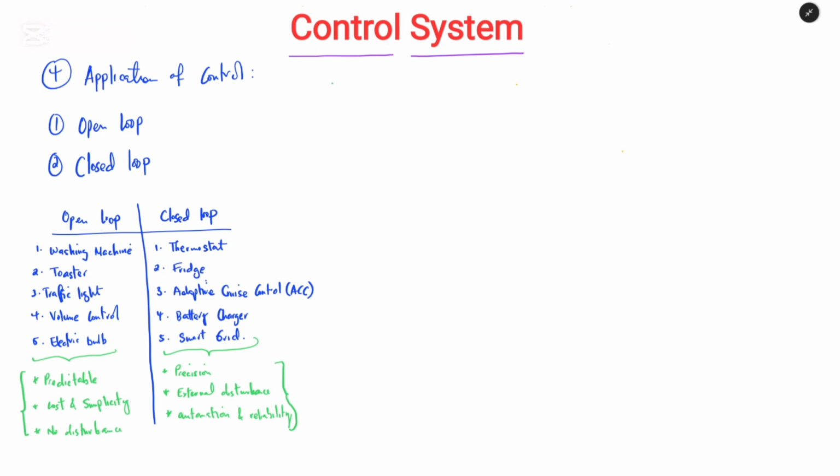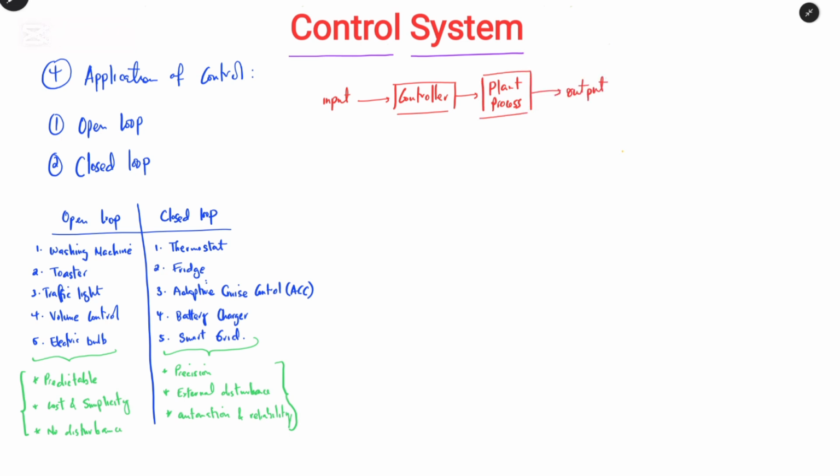Let's look at the first one, the washing machine. We normally know what a washing machine is. A washing machine is used to wash the clothes. In an open loop, we say we have an input to the controller and to the plant or process, and we have the output.